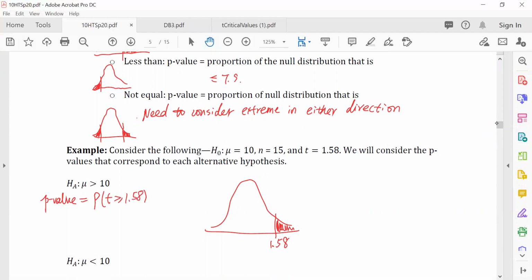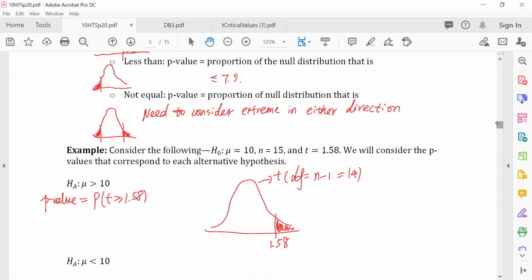So this is a t distribution. You guys know what's the degrees of freedom of this t distribution? It should be n minus 1, which is 14. So we need to look for the probability that the t is greater or equal to 1.58 when it's a t distribution with degrees of freedom equals to 14.